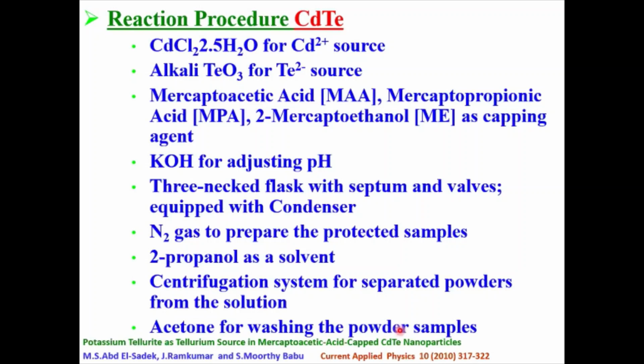So you can have different sources for sulfur, selenium or tellurium, but each source has its own advantages and disadvantages. But in the present work, we take cadmium chloride as the cadmium source and potassium telluride as the tellurium source.